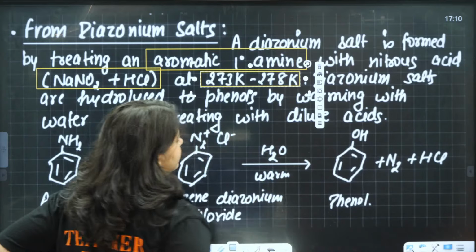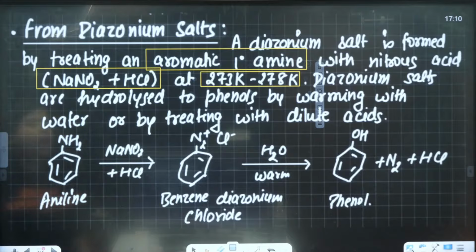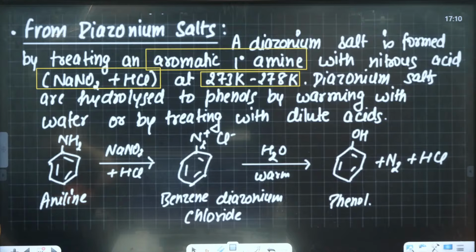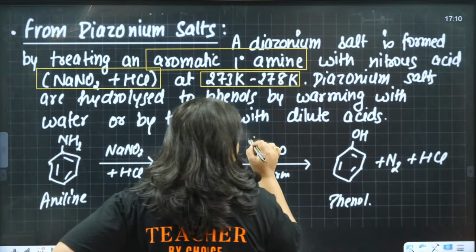The diazonium salts are hydrolyzed to phenols by warming with water or by treating with dilute acid.